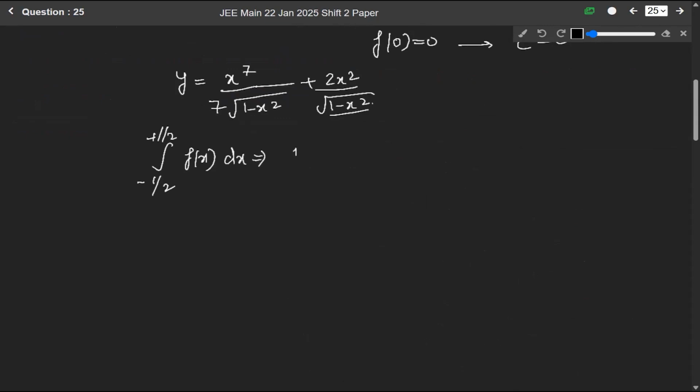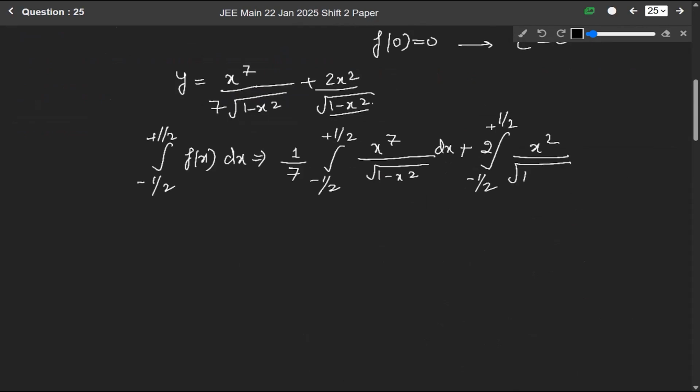Okay, so it will be equal to 1 over 7 times the integral from minus 1/2 to plus 1/2 of x^7 over under root 1 minus x square dx, plus 2 times the integral from minus 1/2 to plus 1/2 of x square over under root of 1 minus x square dx. Okay.